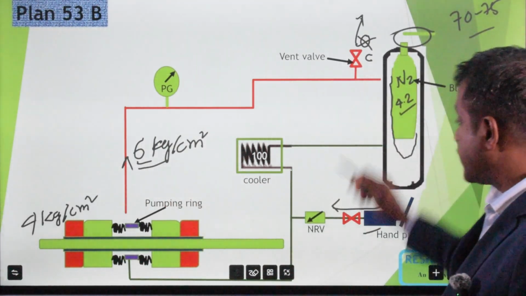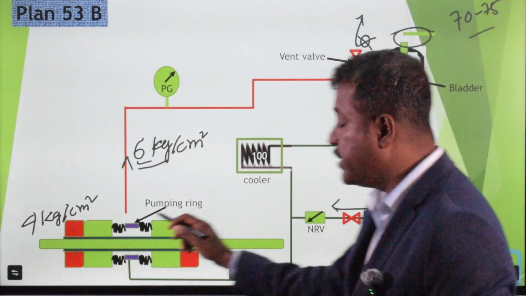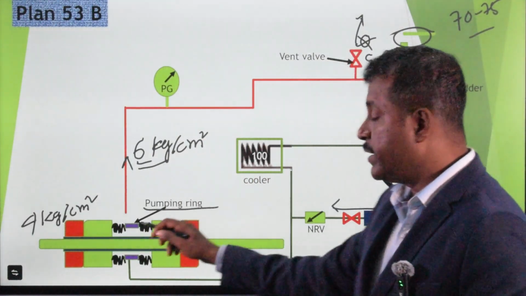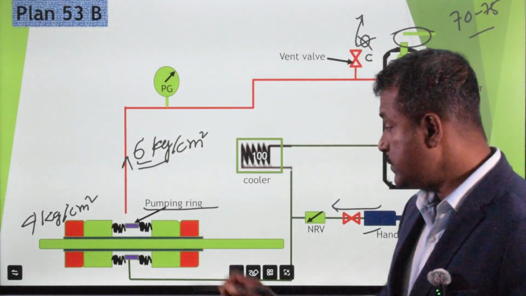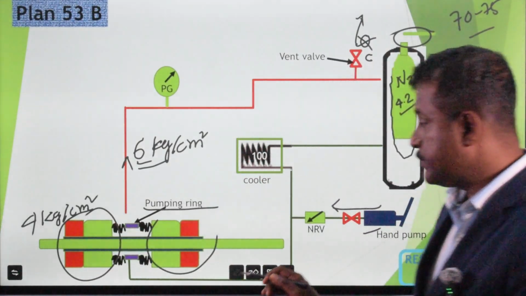Now, it will not circulate automatically. For positive circulation, we need a pumping ring. The pumping ring is installed in the seal. This is the primary setup, and this is the secondary setup, a back-to-back arrangement.